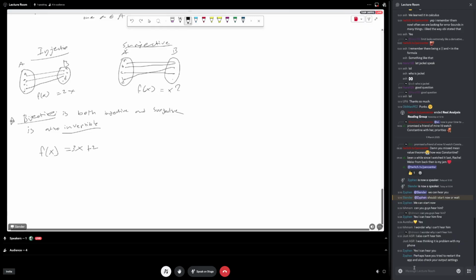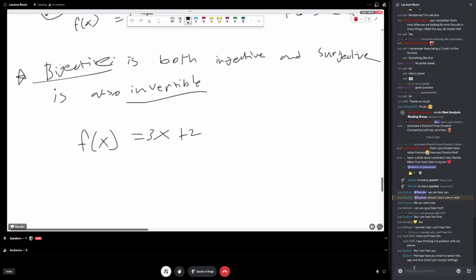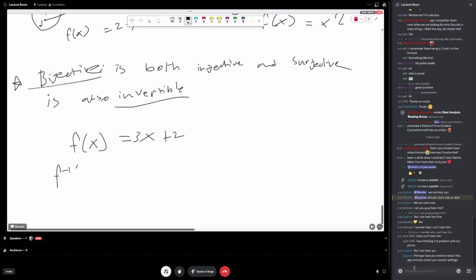So let's see what we got next. We also have the inverse function. This is not the pre-image here, but this is the inverse. This inverse exists only if we have a bijection.